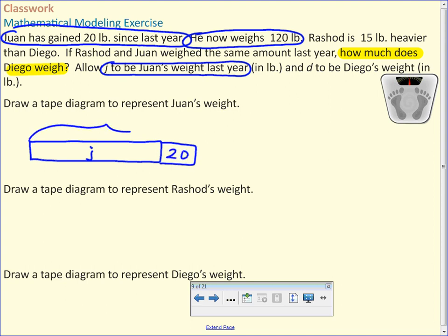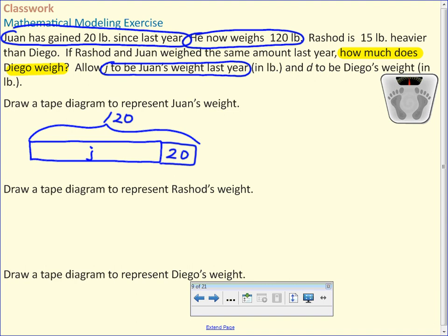This total is 120. So now we can visualize mentally, what was his weight last year, everybody? 100. So we know last year Juan was 100 pounds. The tape diagram helps us see that.